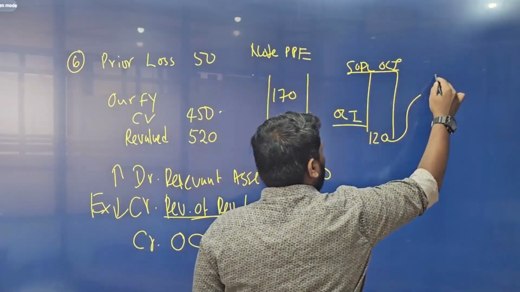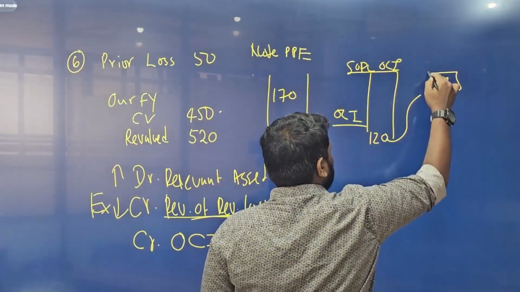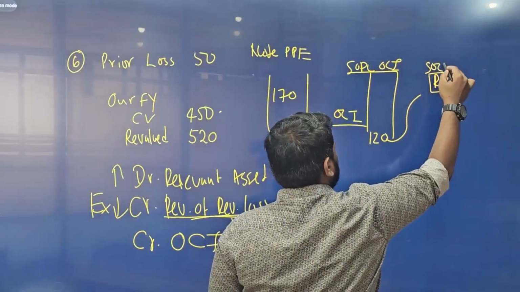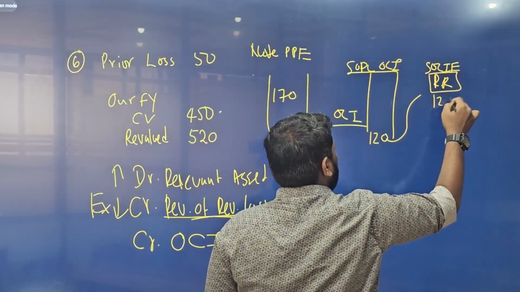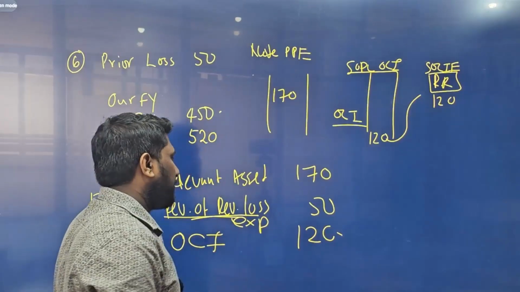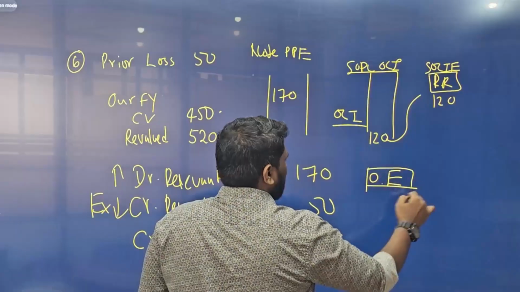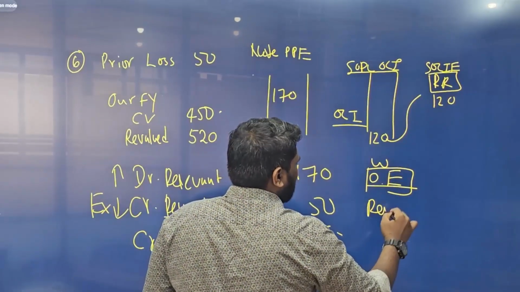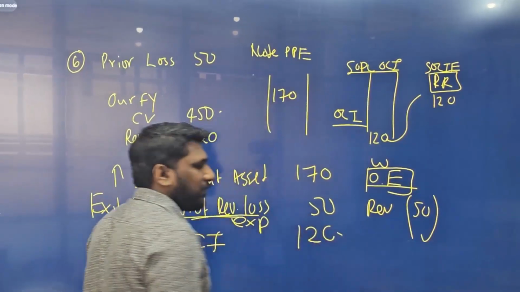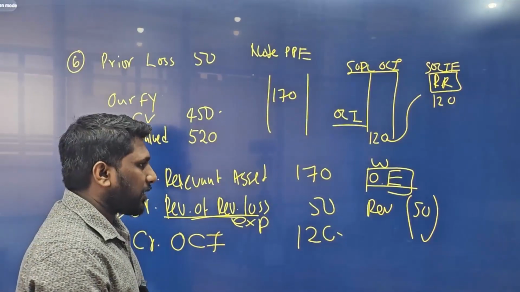So he will go and give it to Mr. Revaluation Reserve inside the statement of changes in equity at the end of the year. This 50 will go to the other expense working as a reversal of expense, a reduction of expense 50.